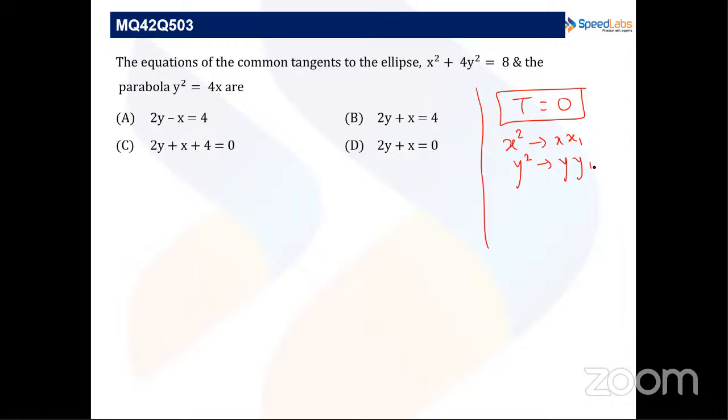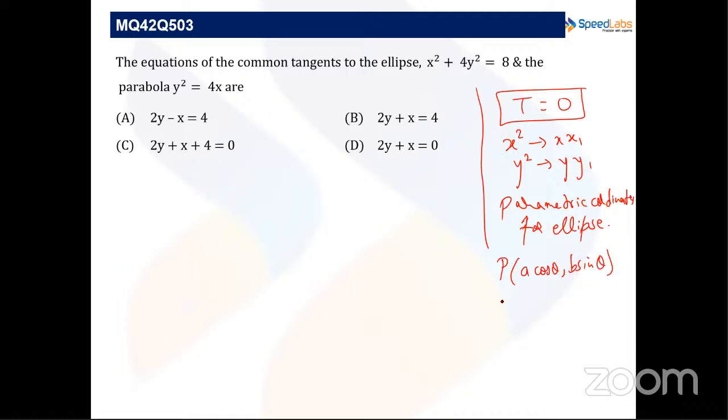Here you can also use the parametric coordinates. For the ellipse, any point P on the ellipse is a cos theta comma b sin theta.